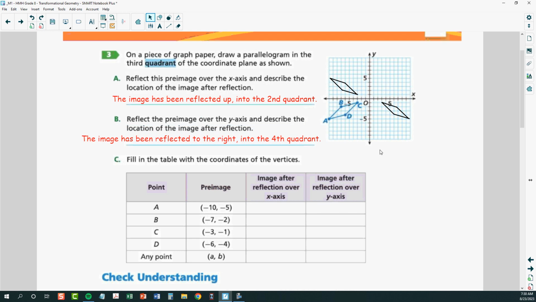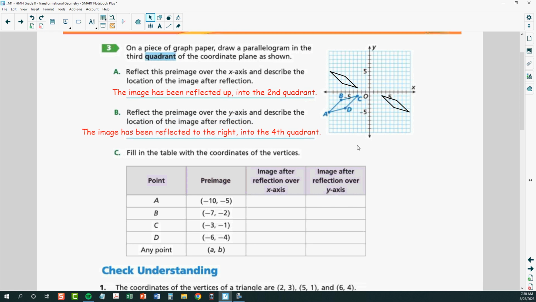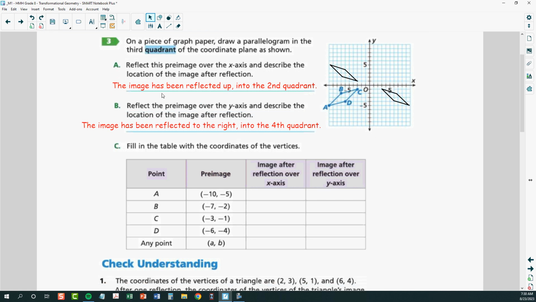Now remember what we just did on the last page. If you go back and you use the rules that we just learned, you would be able to do these pretty quickly. All right, so I will pause and I will give you time. Over the x-axis, notice your y values right here have all become negative, the opposite.